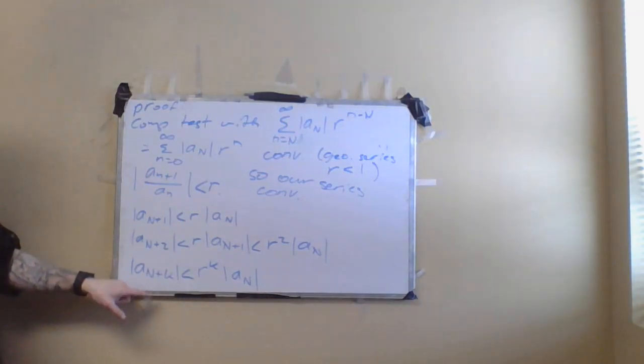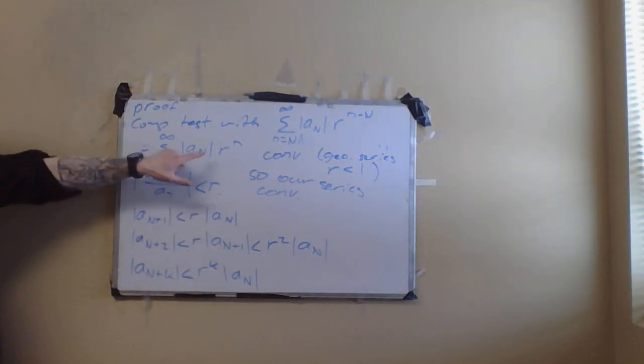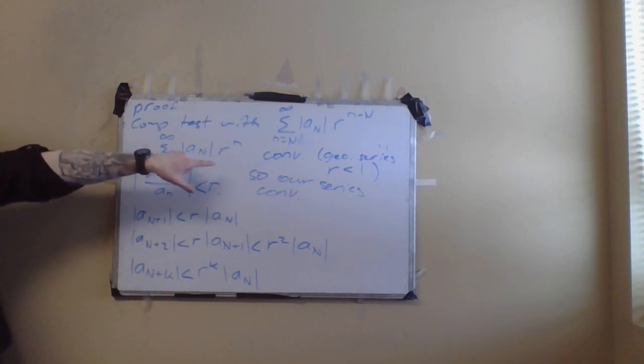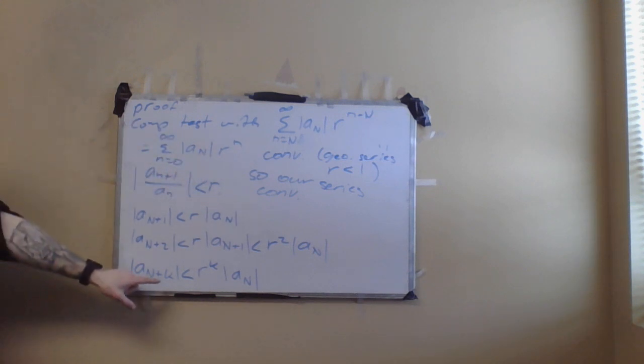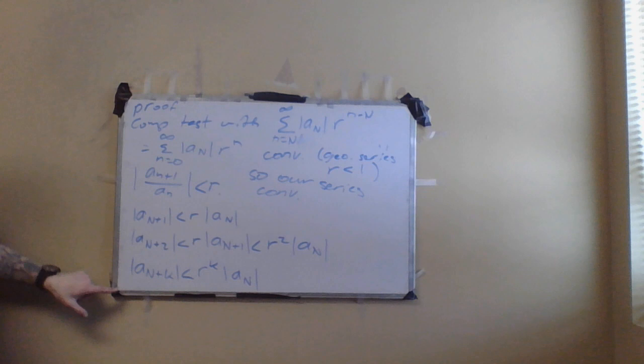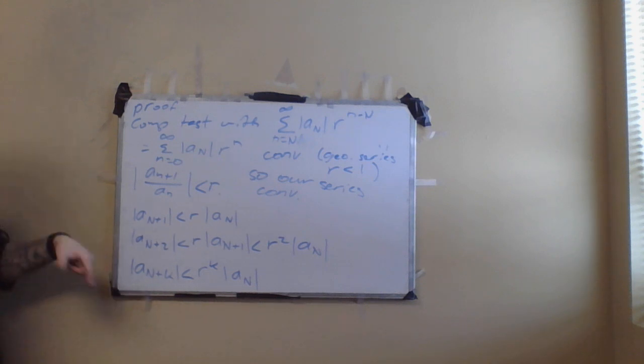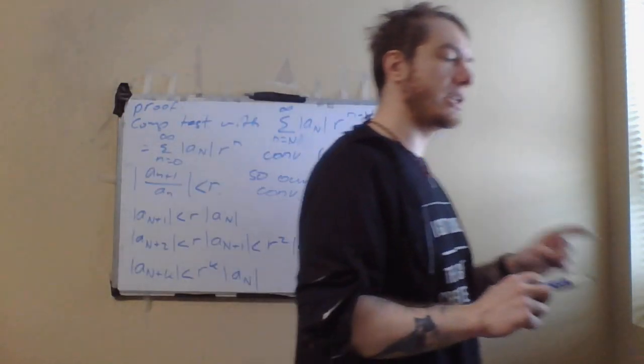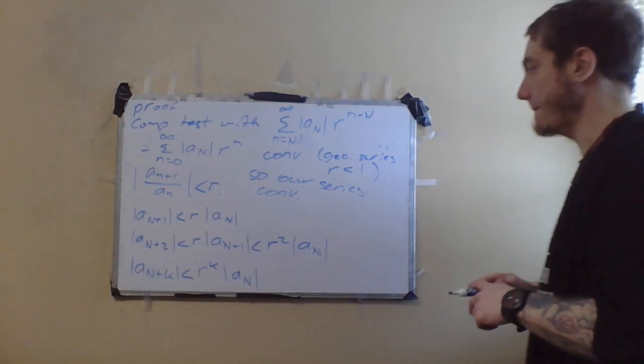Because we have this condition here. All of the terms in this sequence that we're summing up for this geometric series are bigger than the terms in this sequence, at least for sufficiently large values of n.